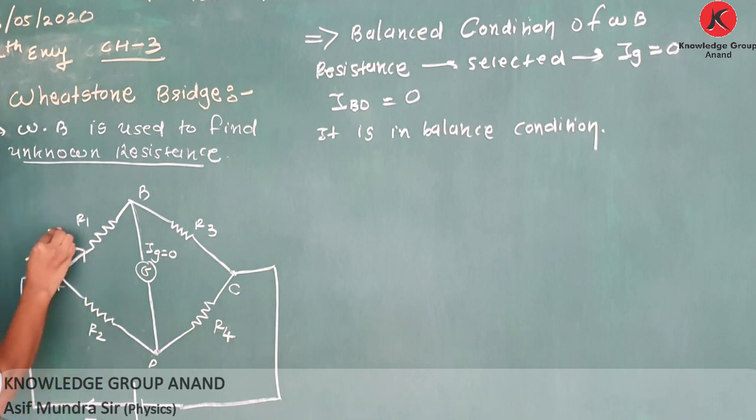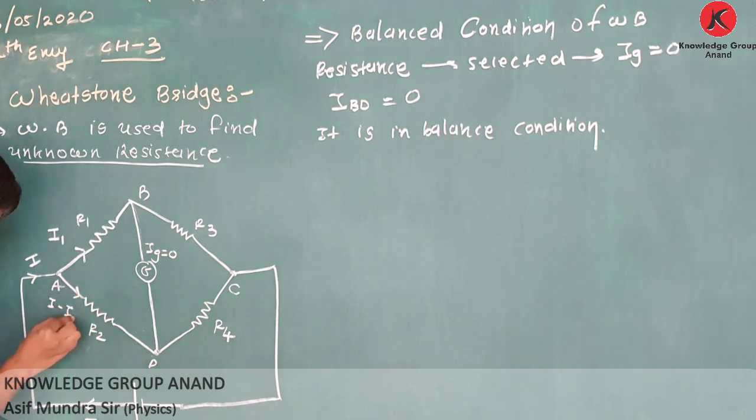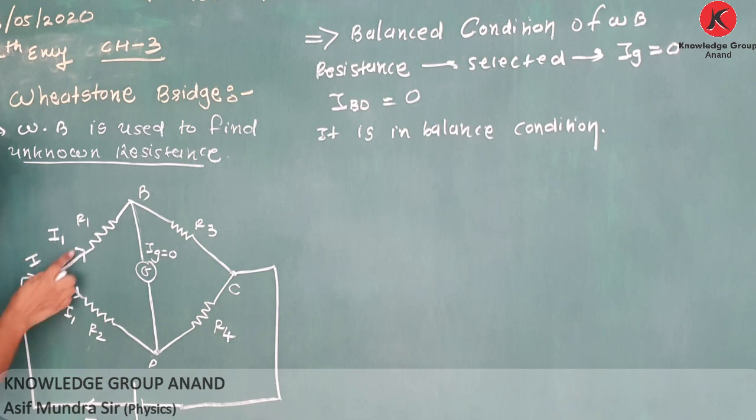This side, let it be I1. So according to Kirchhoff's first rule, this side it is I minus I1. Yes or no? If at point A the current entering is I, in this branch current is I1, then in this branch current is I minus I1.